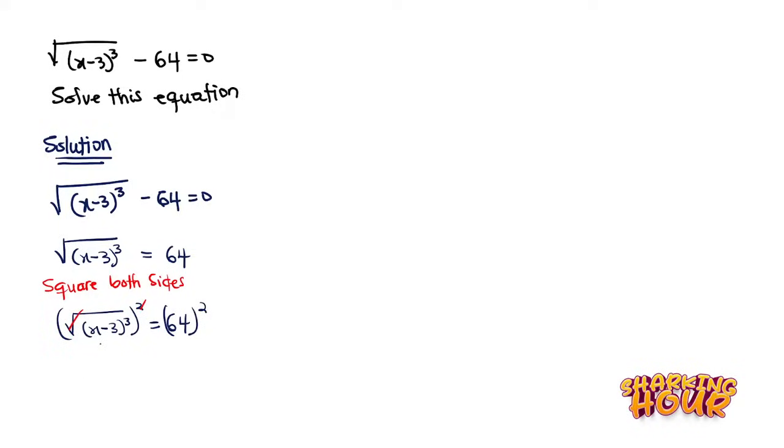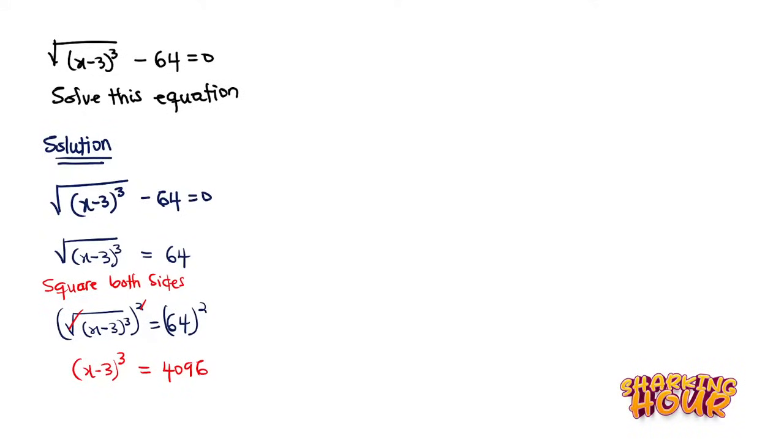So all I will be left with is x minus 3 cubed, and that will be equal to 64 squared. Now 64 squared will give us 4096.